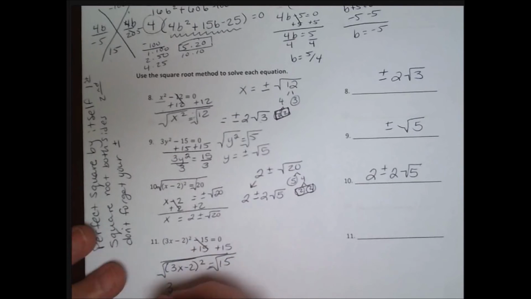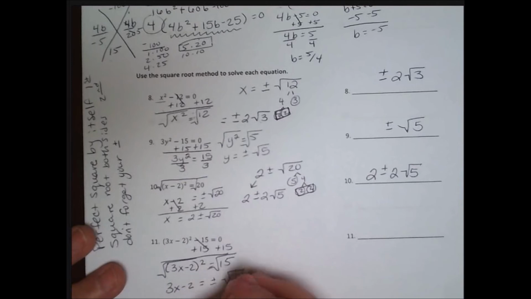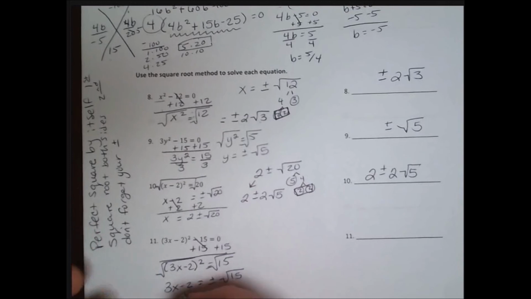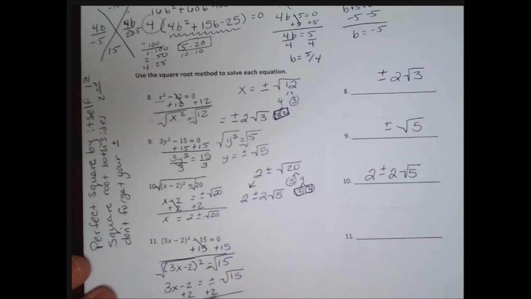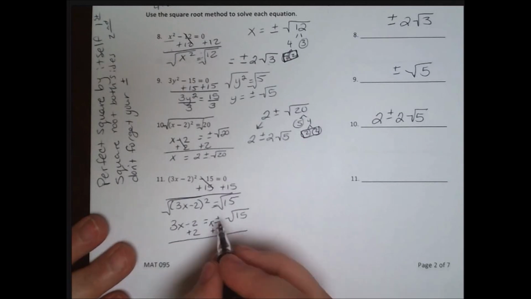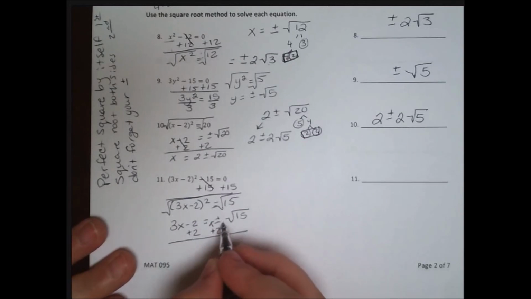So that gives us 3x minus 2 equals plus or minus the square root of 15. Again, don't forget your plus minus. We're going to add 2 to both sides. So since we are adding 2, it's going to go here. It only goes here if you're multiplying, which means you pulled it out of the radical.